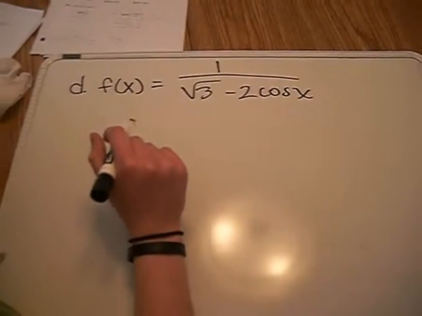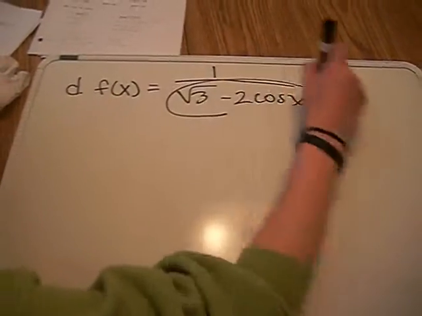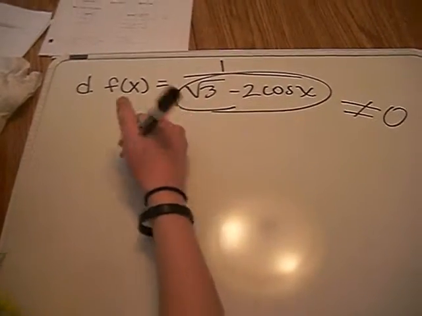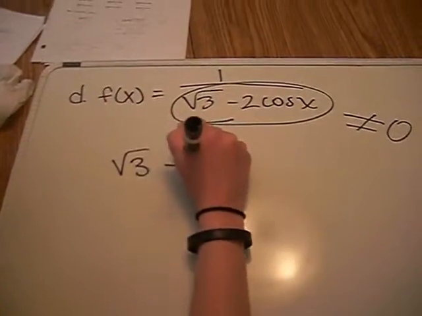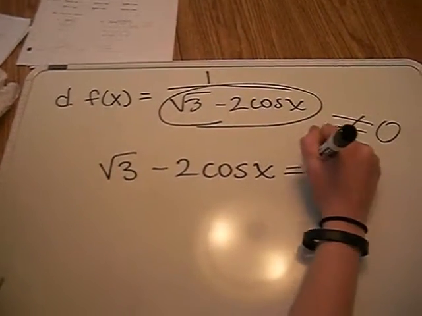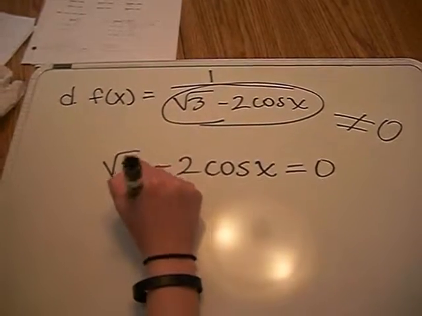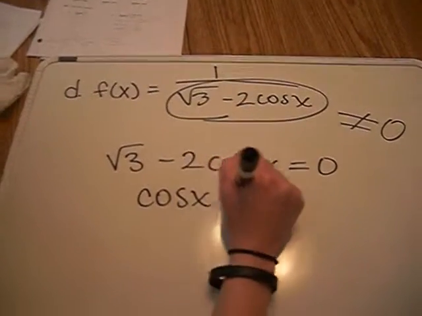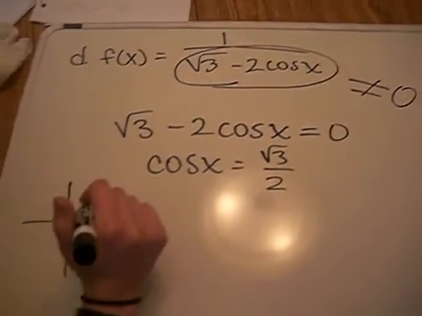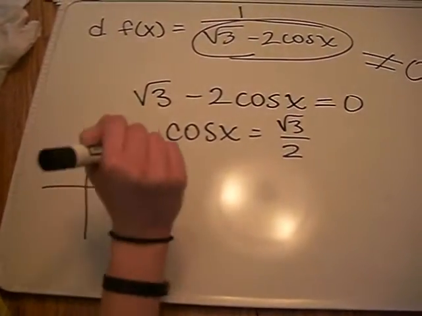Alright, for this last problem, we gotta remember that the denominator cannot equal 0. Therefore, to find where x can't be, we're going to set the denominator equal to 0. Square root of 3 minus 2 times the cosine of x is equal to 0. When you solve this, cosine of x is equal to root 3 over 2. Let's think about this in terms of the unit circle.